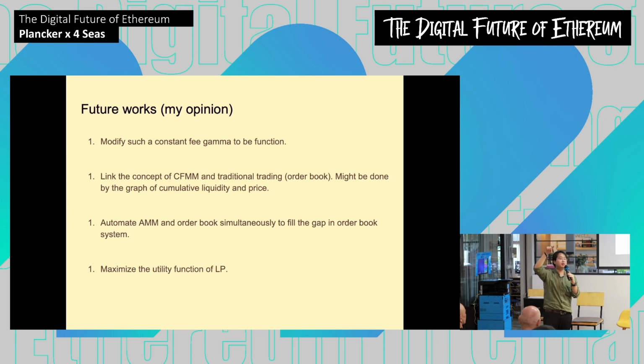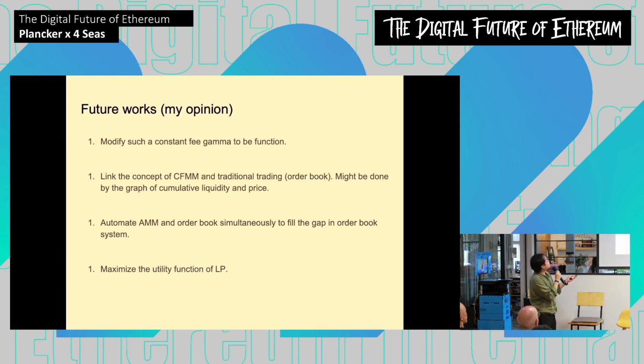So this can be manipulated by a whale. So we might have the AMM to fix that problem and reduce the risk of manipulation. And also, this is what I said, the automated market maker can fill the gap of the order book system. So that's what I just said.